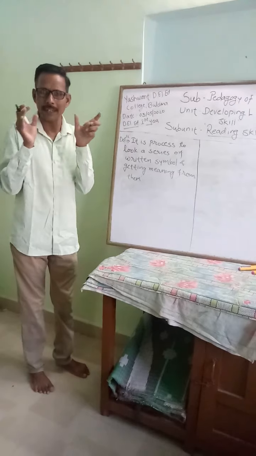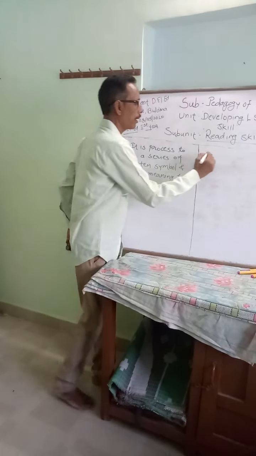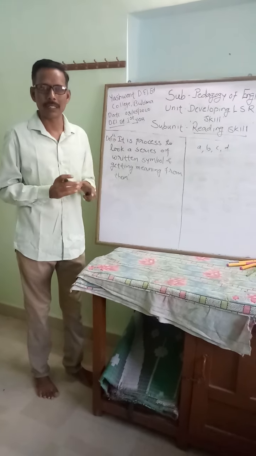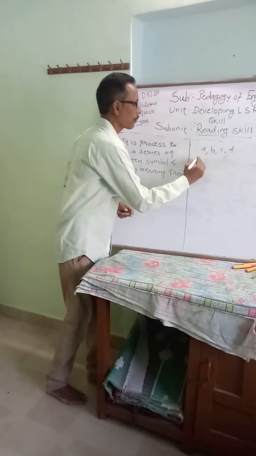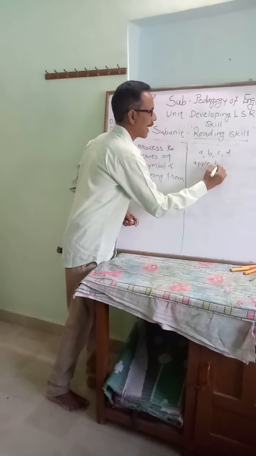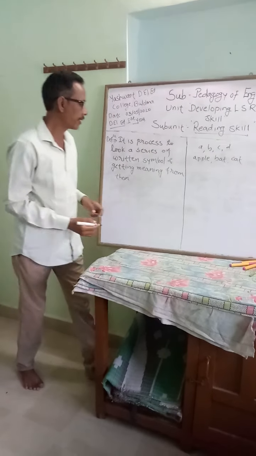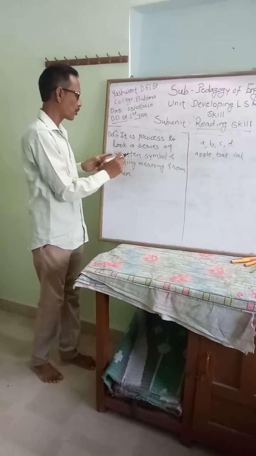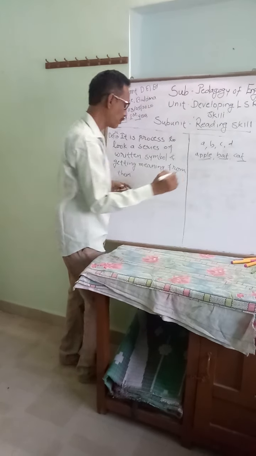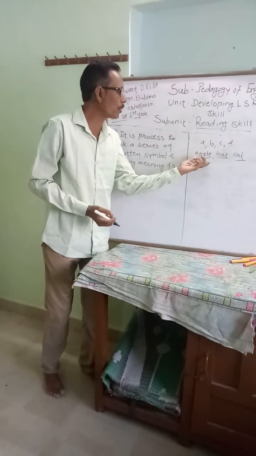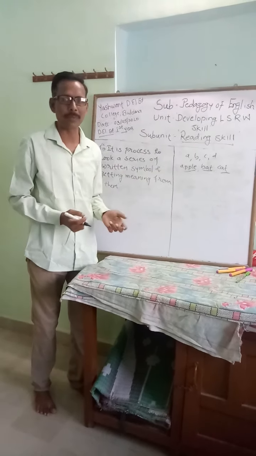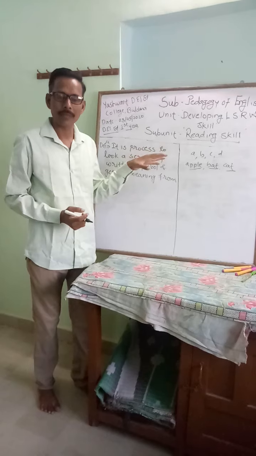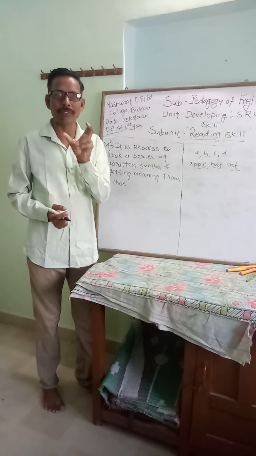In writing, we know that there are different symbols like the alphabet A, B, C, D. From these letters, different words are made, for example apple, bat, cat, etc. From these alphabets the word is made, and when we read it, we get the meaning of that word. For example, apple means it is a fruit to eat.